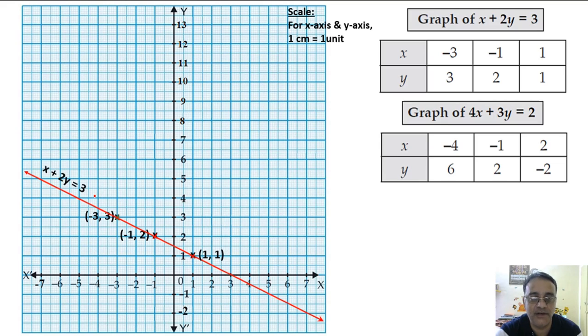Okay, the equation x plus 2y is equal to 3 is also written. Now for the second one, minus 4, 6 will come here. Minus 1, 2 is already there, so 2, minus 2 here.